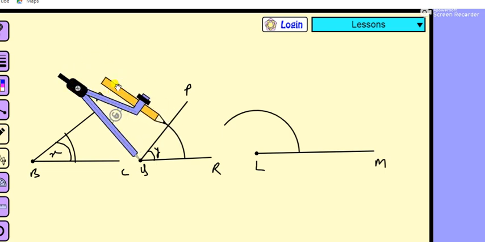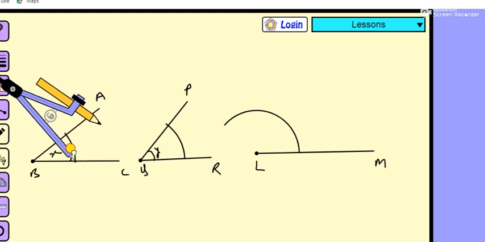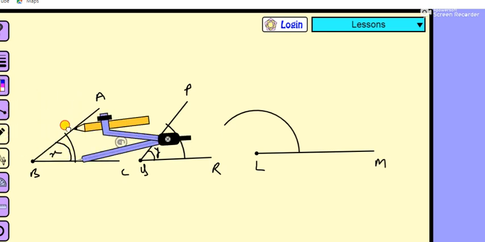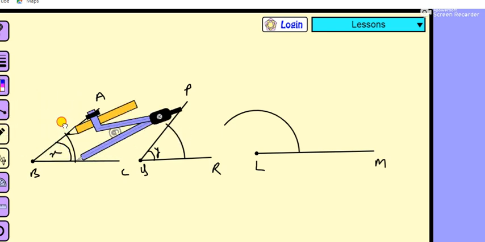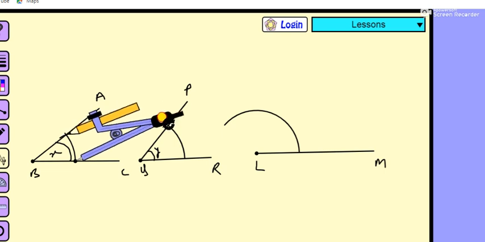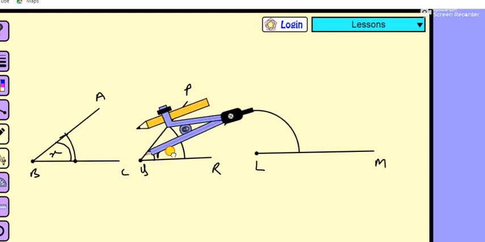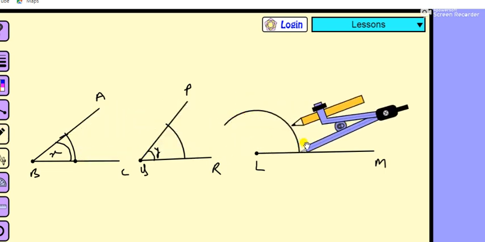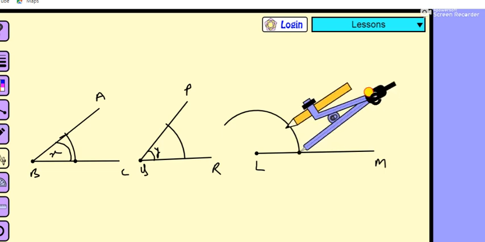Okay. So again put the protector or compass at this point and now measure the angle. This angle is this angle. So make an arc like this, and now take the compass at this point and make an arc also. It is your second arc.